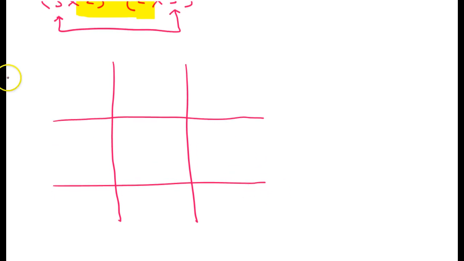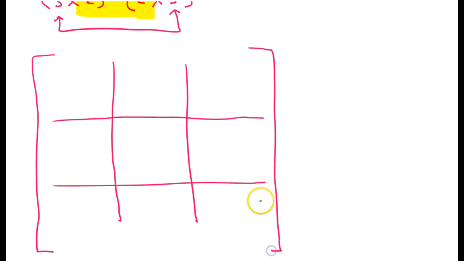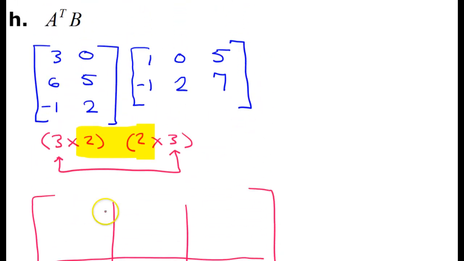Okay, so here is my giant 3 by 3 matrix setup. Now when I do my multiplication process, I will use the rows of the first matrix and the columns of the second matrix. So let's start with the rows.